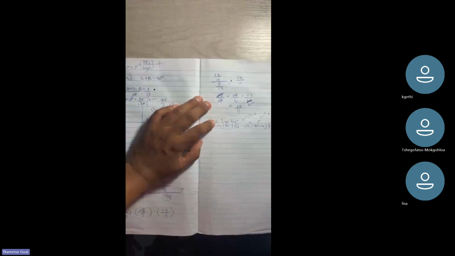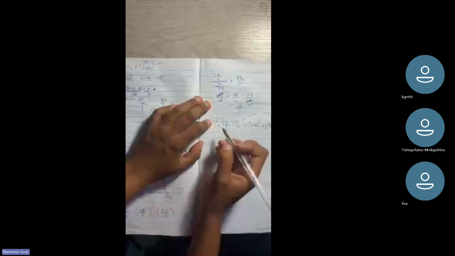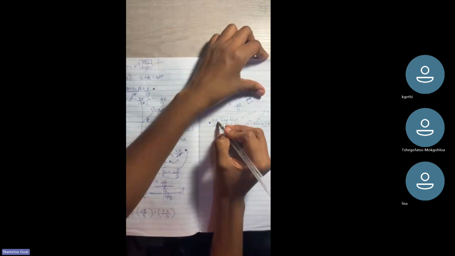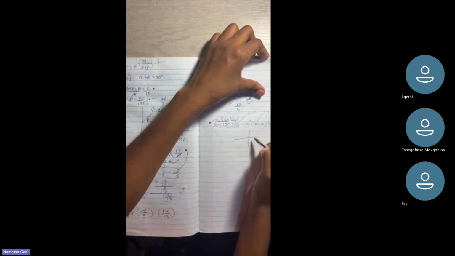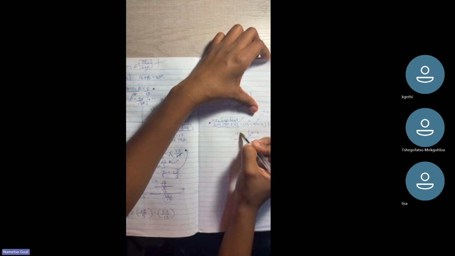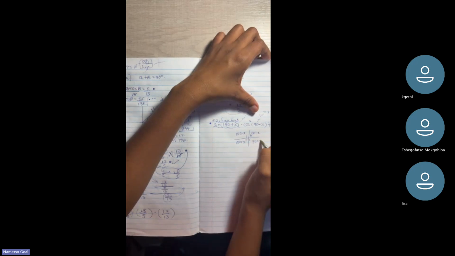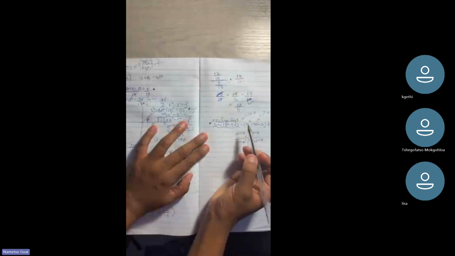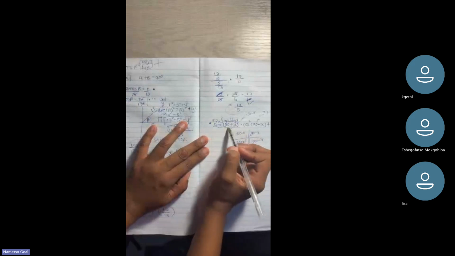Okay. Now let's explain why she did what she did. So for the first one, which is this term over here, if they're saying simplify, right? We know using our CAST diagram, we have 90 minus x over here, 180 minus x, 180 plus x, 360 minus x, right? And now, when they say sine 180 plus x, we have to go to this quadrant where we have 180 plus x and see what's the behavior of sine in that quadrant, right?